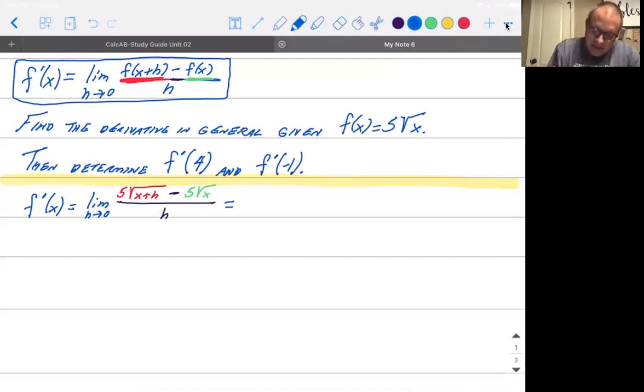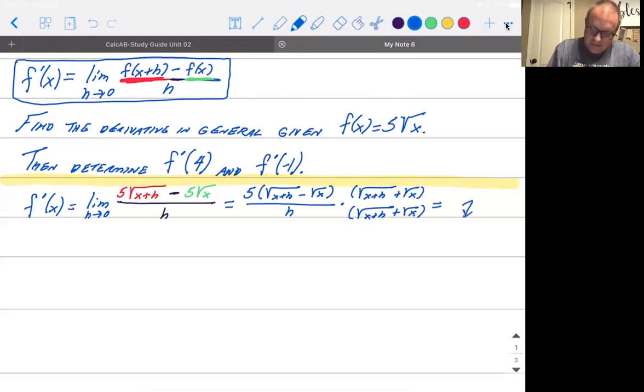So to make life a little easier, let's go ahead and pull out a 5 and get to there. Now, I guess before I write this equal sign, I'm going to multiply by the square root of x plus h plus the square root of x over itself. So basically, I'm going to multiply by 1. And we'll jump down.